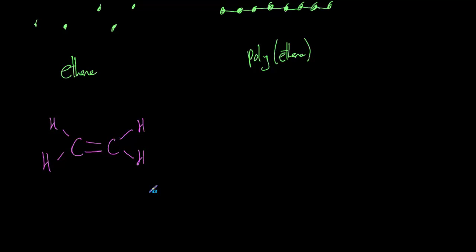Okay, what we are going to do when we polymerize ethene is we are going to break this double bond. If we break this double bond, but we don't add any more hydrogens, then what will this look like? Well, if we break the double bond, we'll only have a single bond. There we go, so we break the double bond and we only have a single bond. But we haven't added any more hydrogens, so we have 2 hydrogens to each carbon.